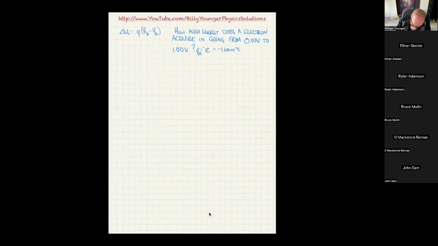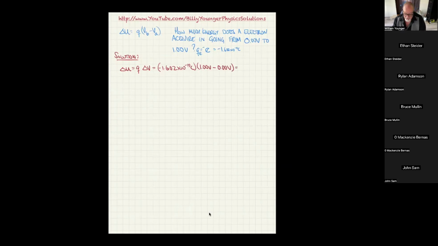So the solution: delta U is equal to Q times delta V, and Q is negative 1.602 times 10 to the negative 19th coulombs, times delta V, which is V_B minus V_A, and I'm going from 0.00 volts to 1.00 volts.